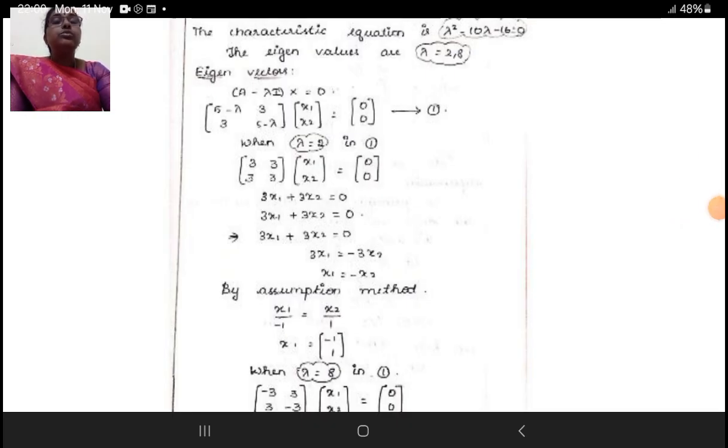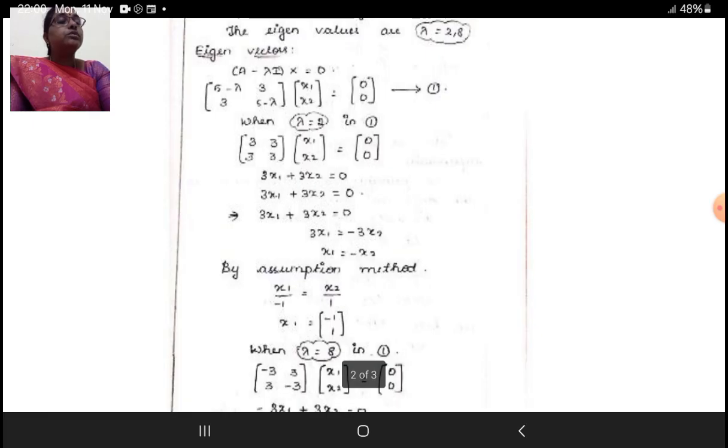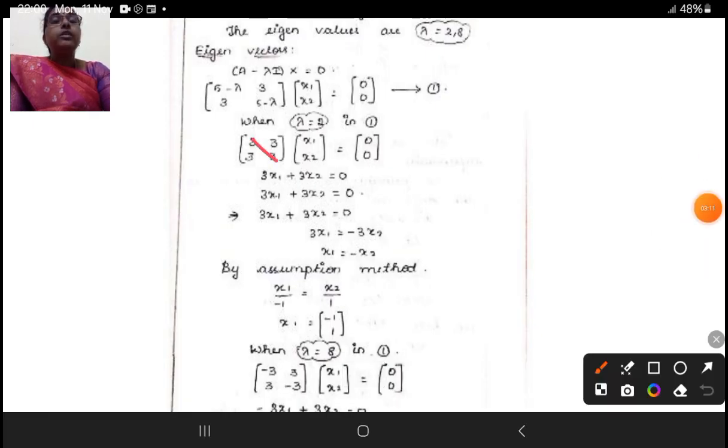Here we take case 1, lambda equal to 2. Then 5 minus 2 is 3 and 5 minus 2 is 3, so the diagonal values are the same, and the other entries are also 3. So we get a single equation, from which we can calculate these two values.